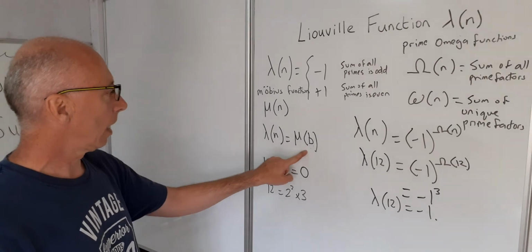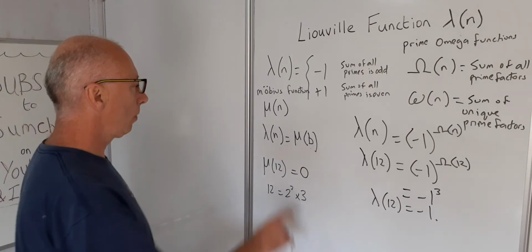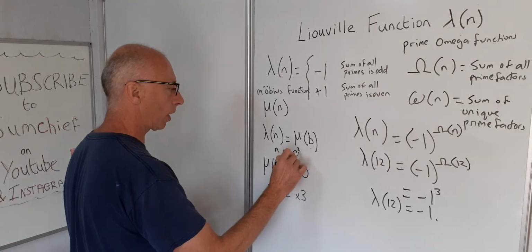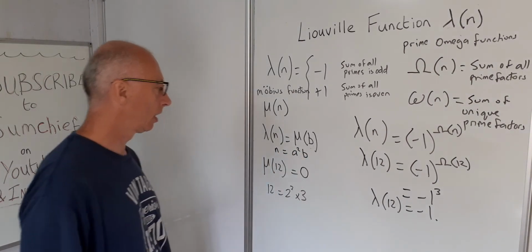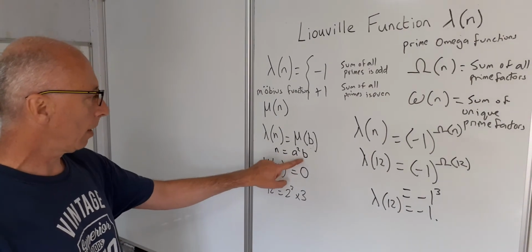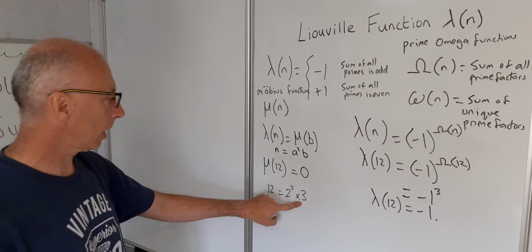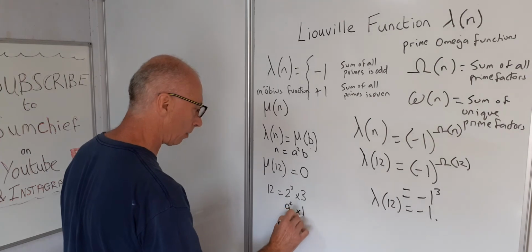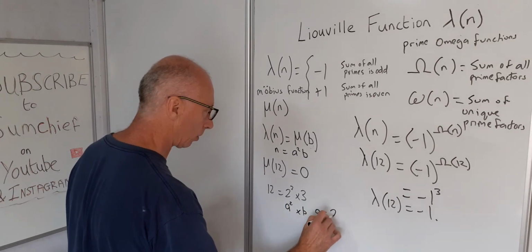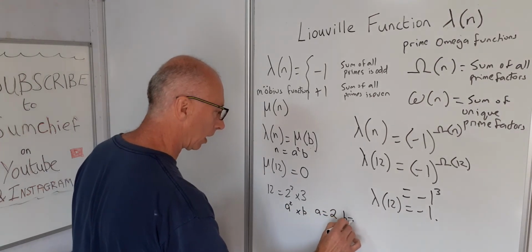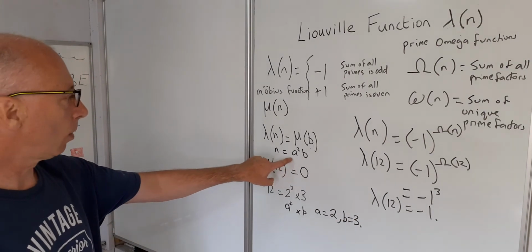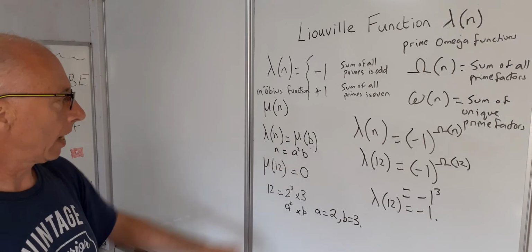Okay, now what does that mean here? If you let the number n equal a squared times b, we could let b equal 3 in this case. So a equals 2, b equals 3. Now let's work out what this lambda of n is.